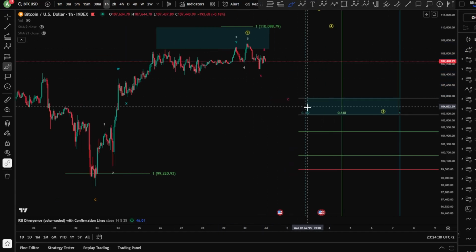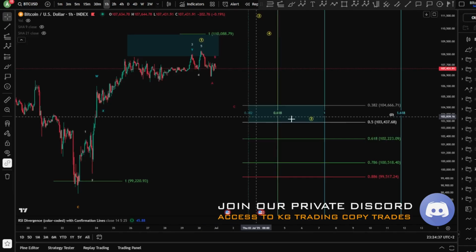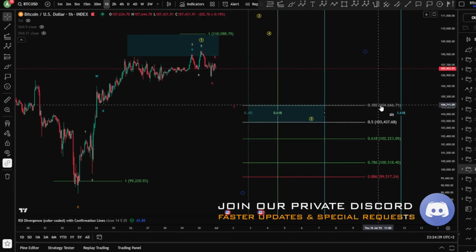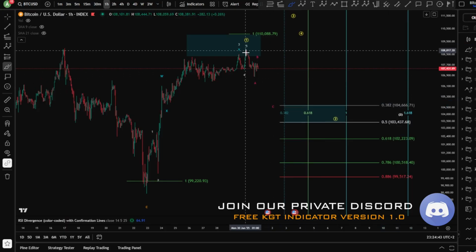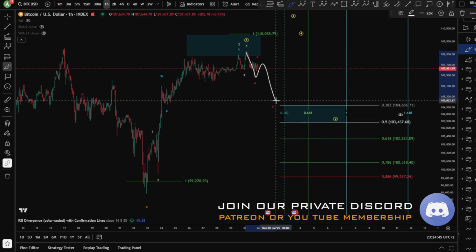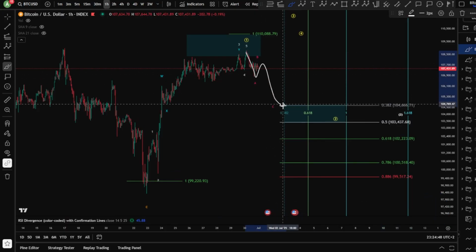Basically the wave 2 needs at least the 0.38 fib time to unfold here, and it might need at least the fib level 0.38 as well, which is 104k 600. So we would like to see at least an A, B and a C unfolding to reach this fib time and this fib level.